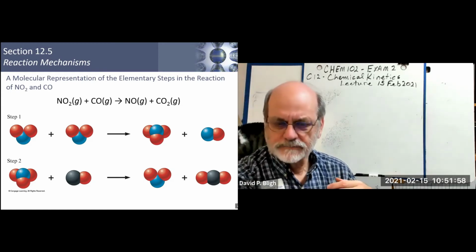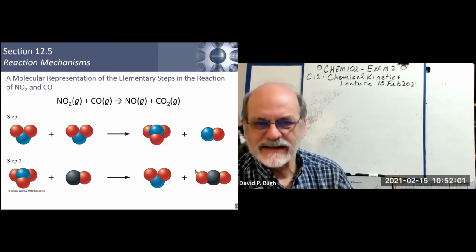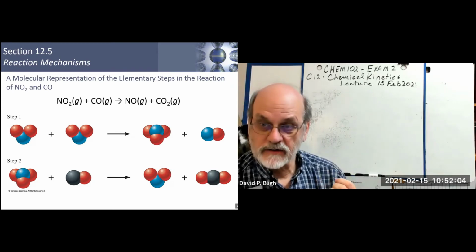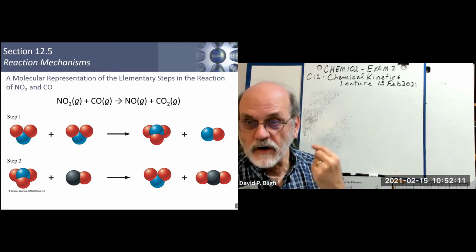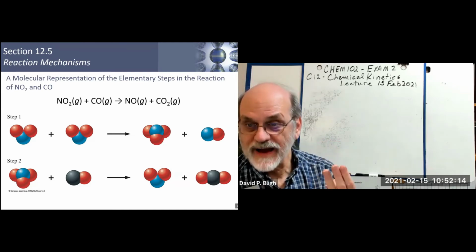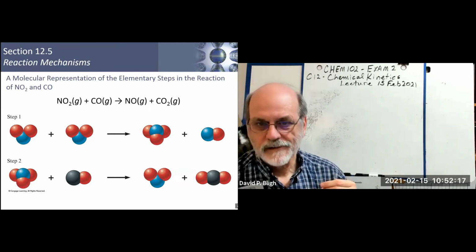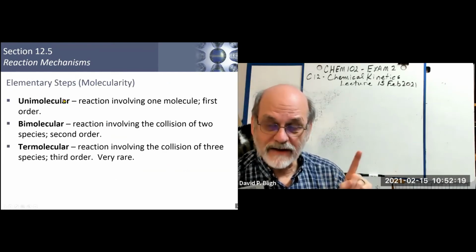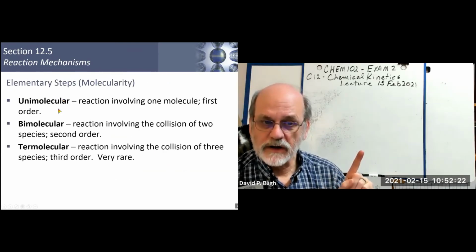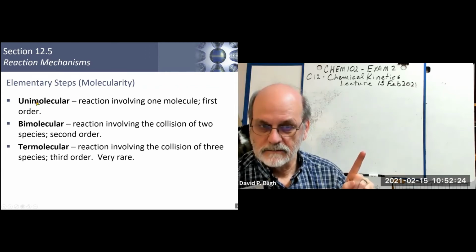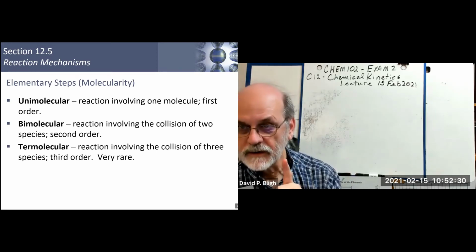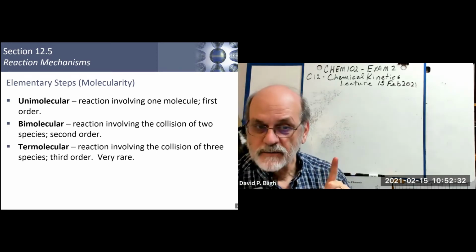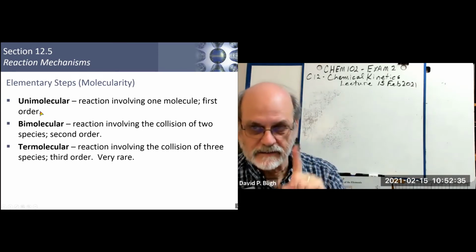Now, it's instructive for chemists to identify what type of reaction the elementary step is. Does it involve only 1 reactant? Does it involve 2 reactants or 3 reactants? If there's only 1 reactant in the step, we call it unimolecular. And that elementary step then is first order, not because of the coefficients, but because we only have 1 reactant.